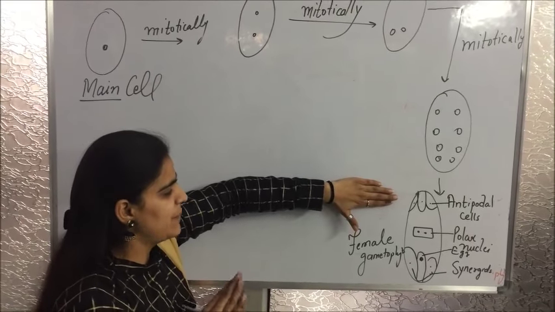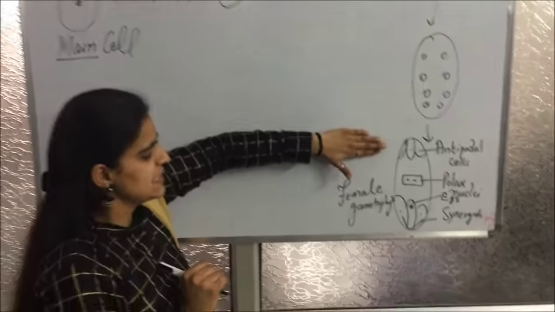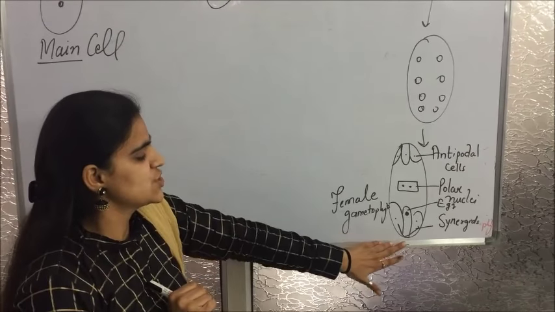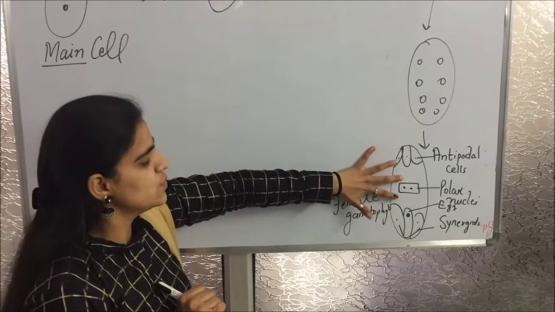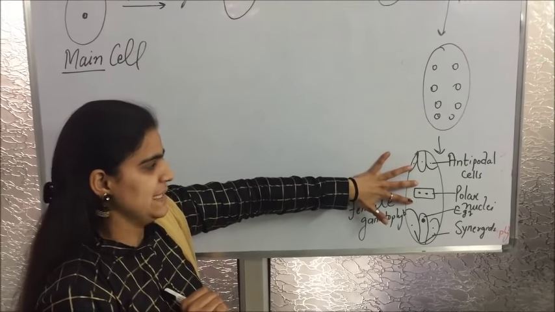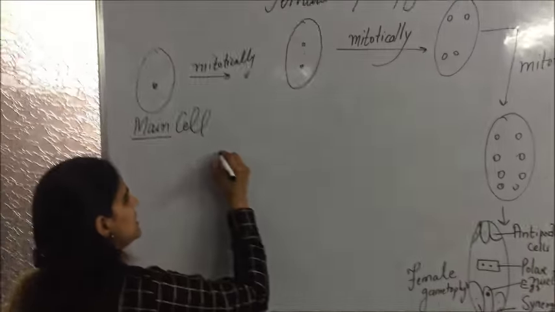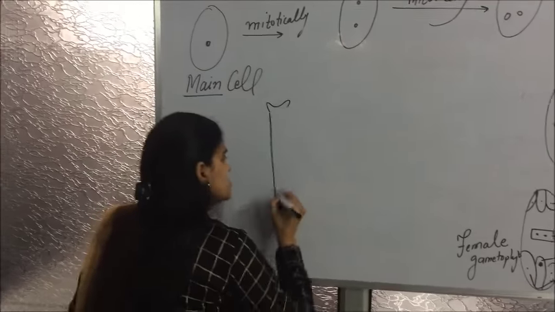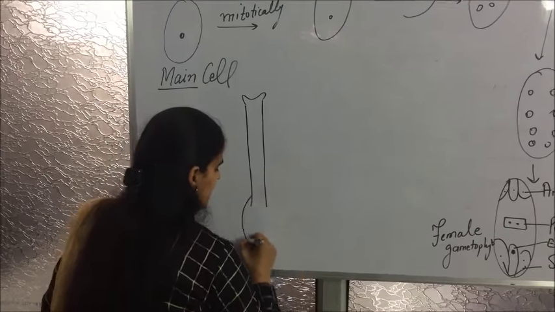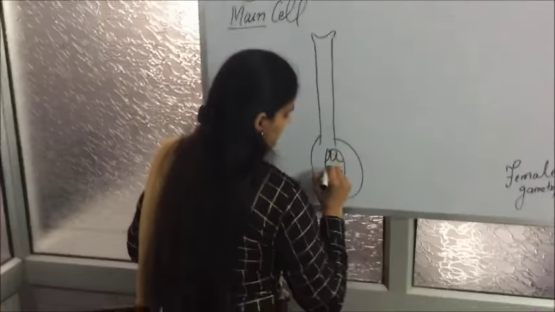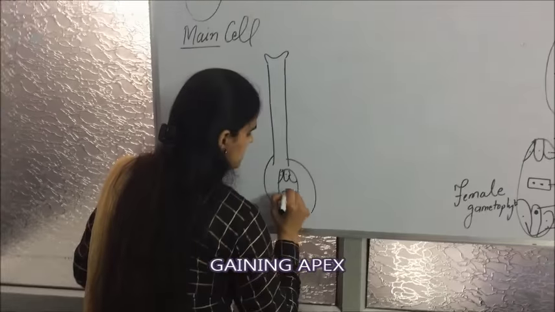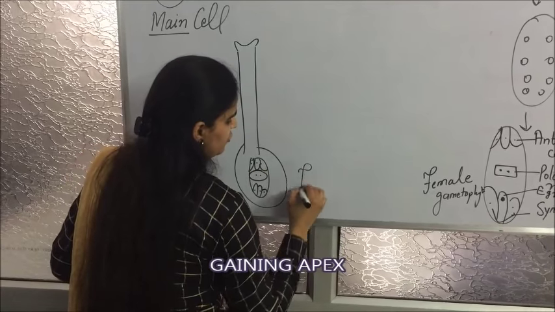The 3 on the upper side are known as antipodal cells, and of the 3 larger ones, 2 are synergids and the center one is called the egg, and the center 2 cells are called polar nuclei. But remember, this all occurs in a sporangium. This is the female gametophyte. This is the whole structure of the female gametophyte.